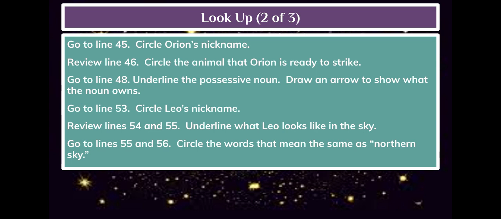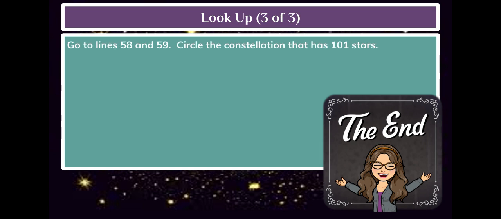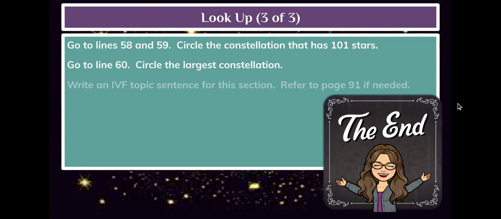Circle the words that mean the same as northern sky. Go to lines 58 and 59. Circle the constellation that has 101 stars. Go to line 60. Circle the largest constellation. Write an IVF topic sentence for this section. Refer to page 91 if needed.